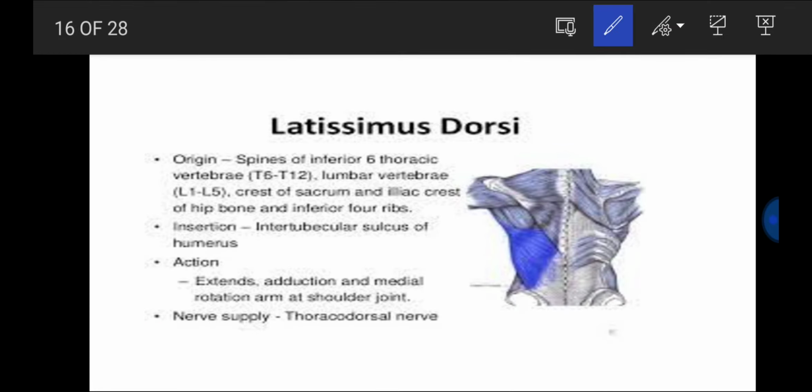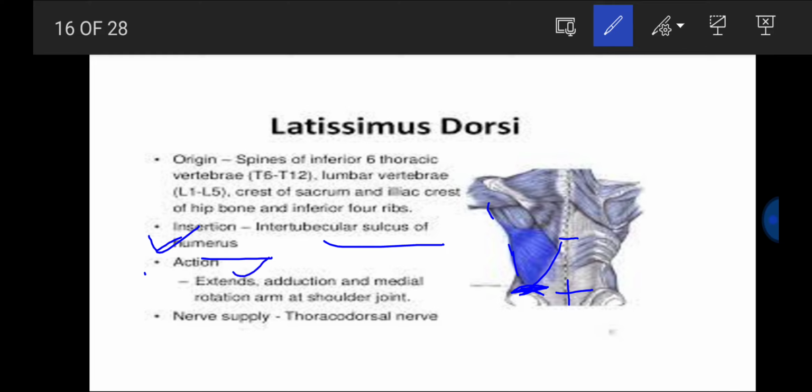Then latissimus dorsi. Origin: spines of the inferior six thoracic vertebrae, T6 to T12, lumbar vertebrae L1 to L5, crest of the sacrum, iliac crest of the hip bone, and inferior four ribs. Insertion: intertubercular sulcus of the humerus, between the greater tuberosity and lesser tuberosity.